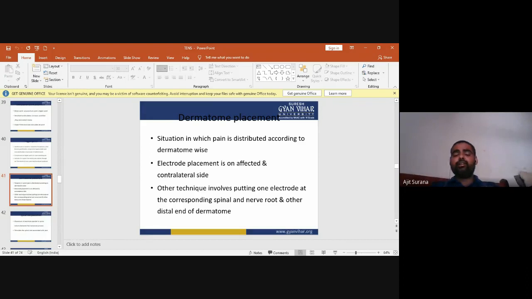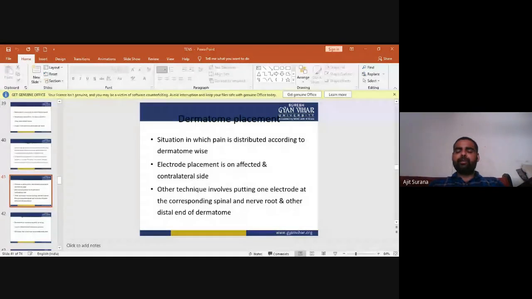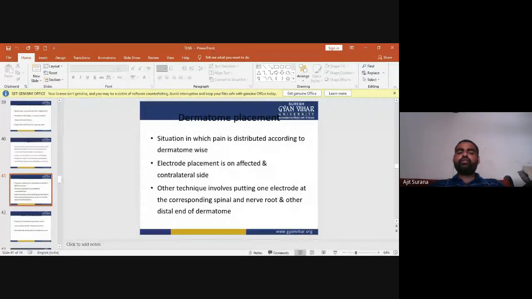Now the next one is the dermatome placement. Dermatome placement is a situation in which the pain is distributed according to the dermatome.